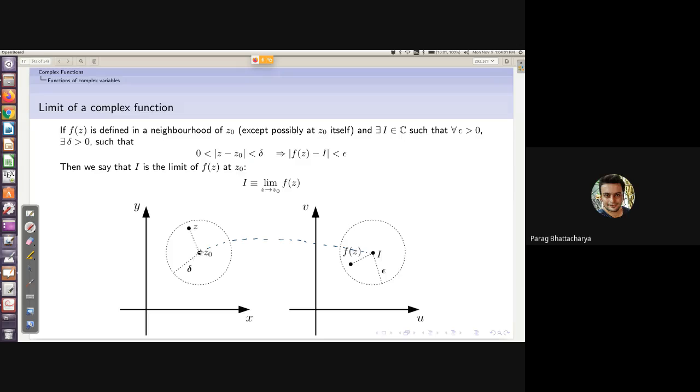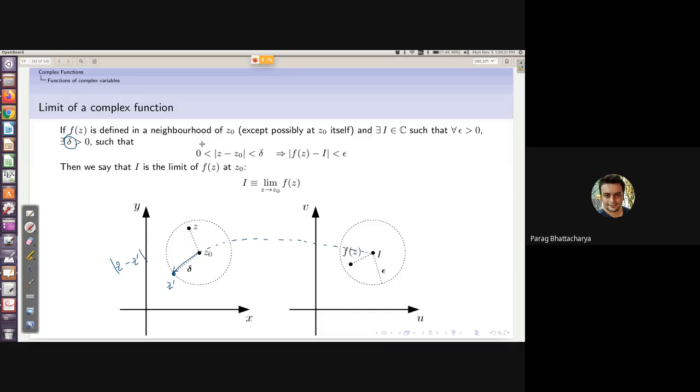If I take z naught here and define something called delta, and I take this point, let's say z prime, then the complex number which points from z naught to this one will be z prime minus z naught. If I take the modulus of this, that gives me the radius of the circle. So the radius of the circle is delta.